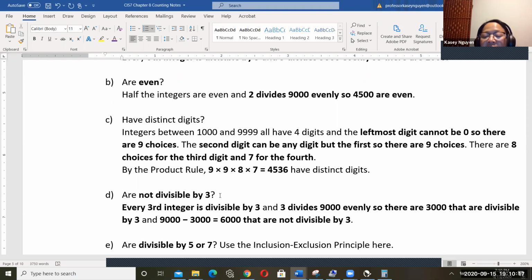If you take 9,000 divided by 3, you get 3,000 that are divisible by 3. So you have to find the difference at that point because it's asking for not divisible by 3. You take the 9,000, subtract 3,000, which gives you 6,000 that are not divisible by 3. Okay.